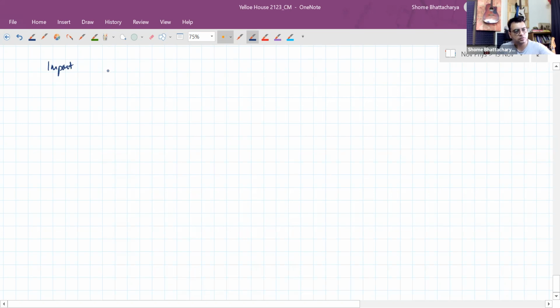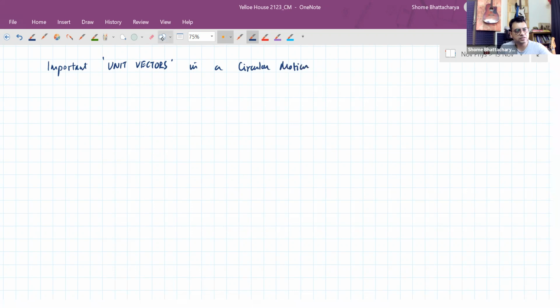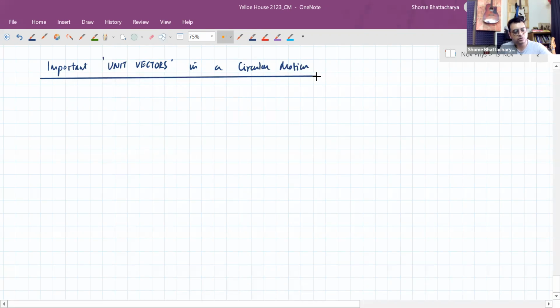Important unit vectors in a circular motion. Because whenever we are doing vector analysis, like application of dynamics, that is forces or velocity, acceleration, etc., we need to express the directions of the various vectors in terms of unit vectors.